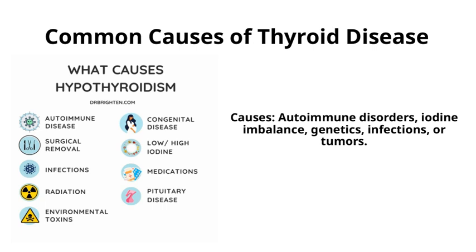Understanding these causes is key because they help us identify risk factors and target interventions to prevent or manage thyroid disease effectively. Remember, these factors are interconnected and often influence each other, fitting into the larger picture of how our overall health impacts thyroid function.